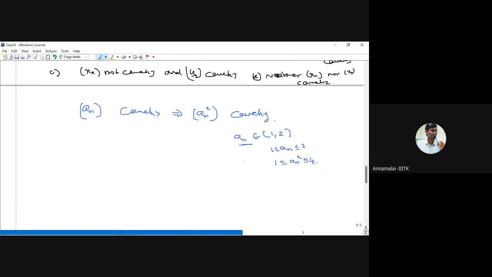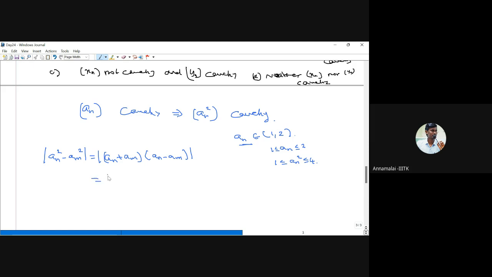Now why is this an square Cauchy? We can prove this: an square minus am square is bounded by epsilon. This is nothing but an plus am into an minus am, because this is the a square minus b square format, a plus b into a minus b.